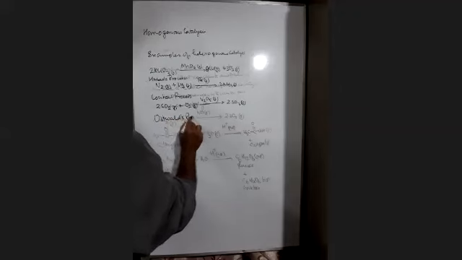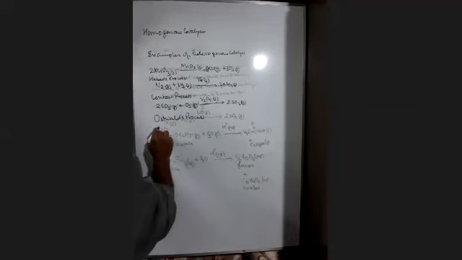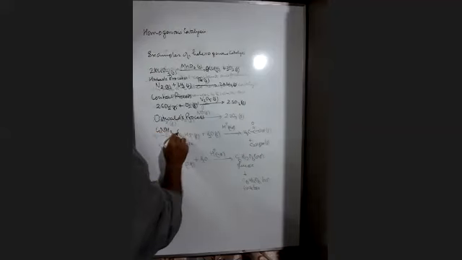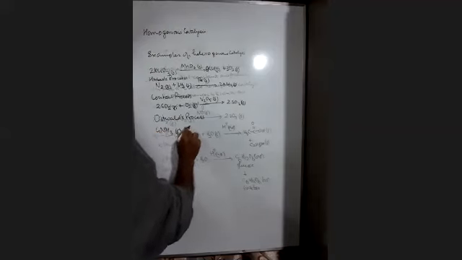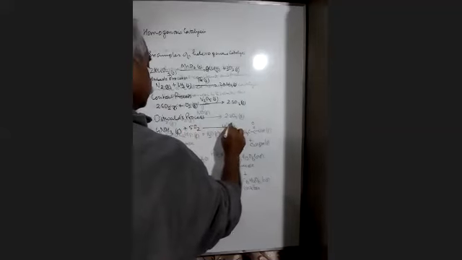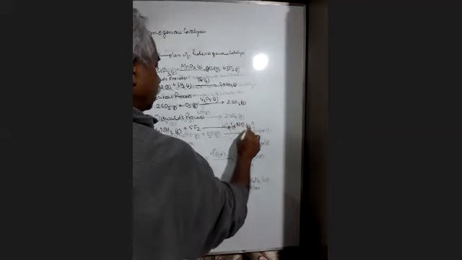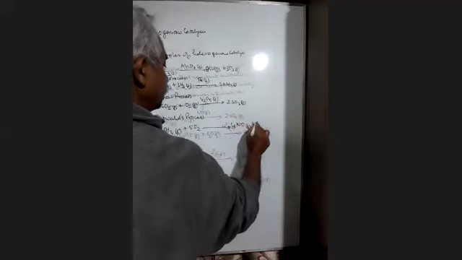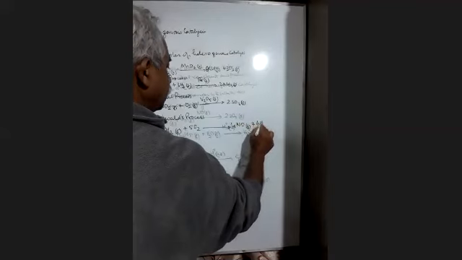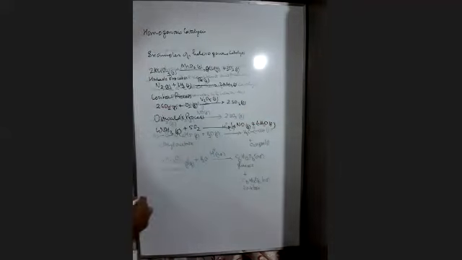In the Ostwald process, we manufacture nitric acid. In this case, ammonia gas is partially oxidized by atmospheric oxygen to nitric oxide, and at high temperature this also comes out in the form of vapor.